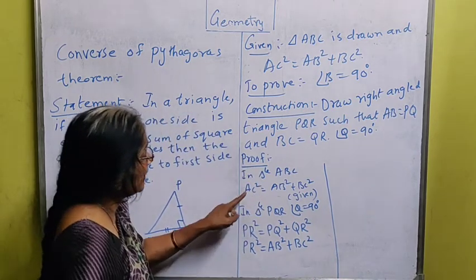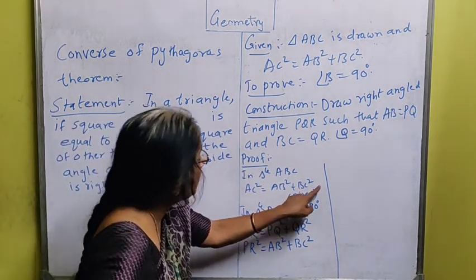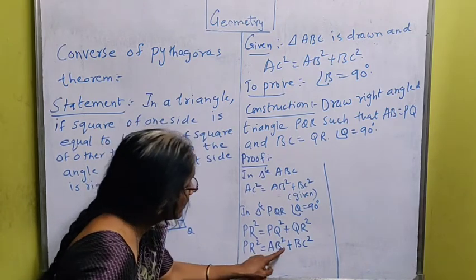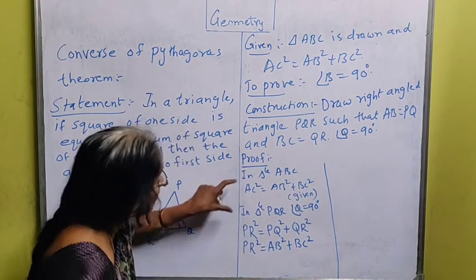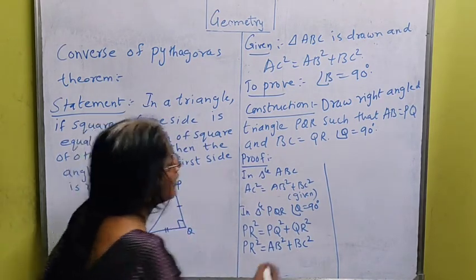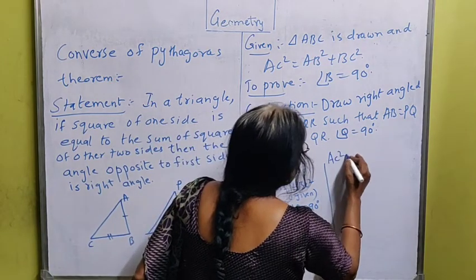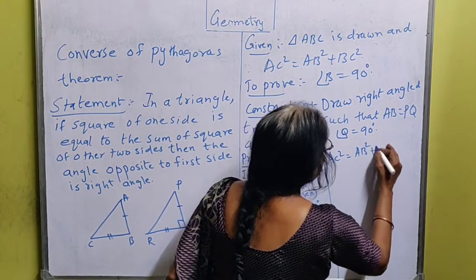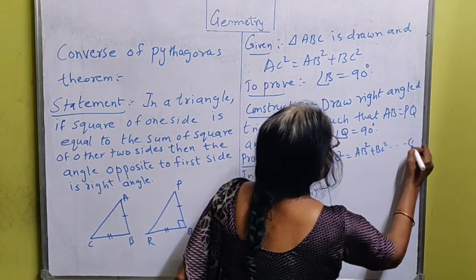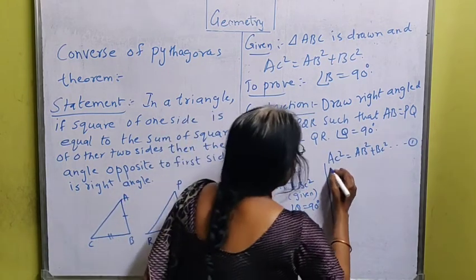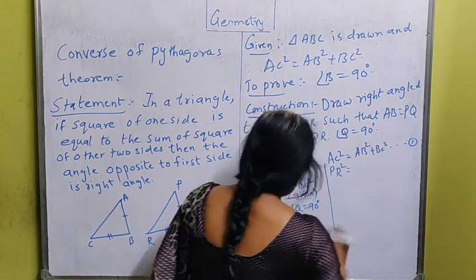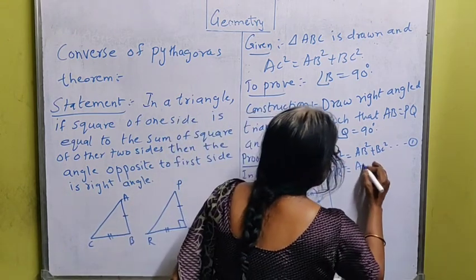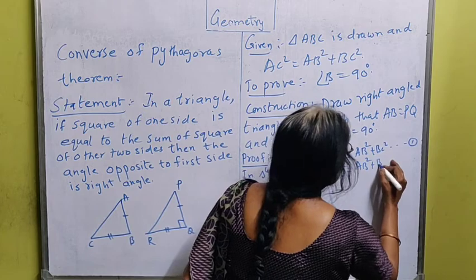So here you can see AC square is equal to AB square plus BC square, and PR square is equal to AB square plus BC square. Taking these two together, AC square is equal to AB square plus BC square. This is equation 1. And PR square is equal to AB square plus BC square.